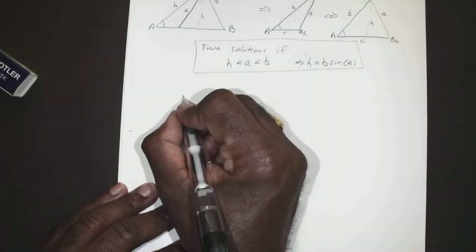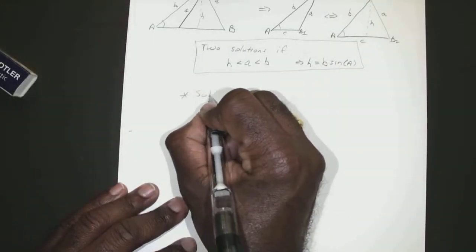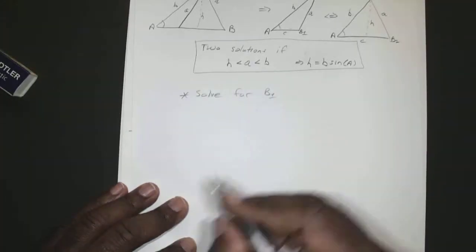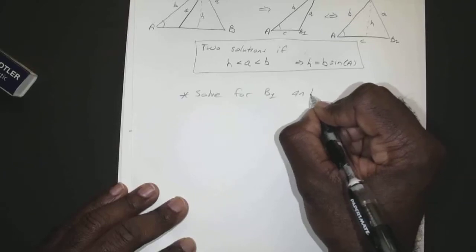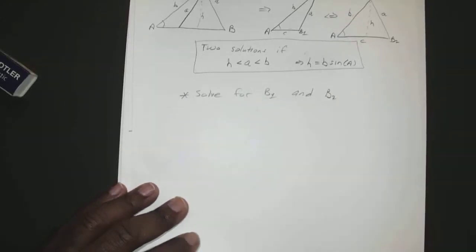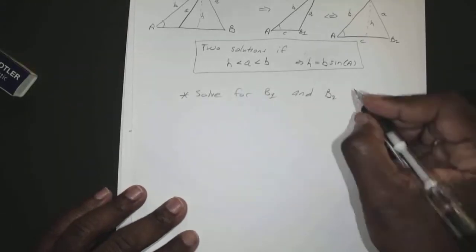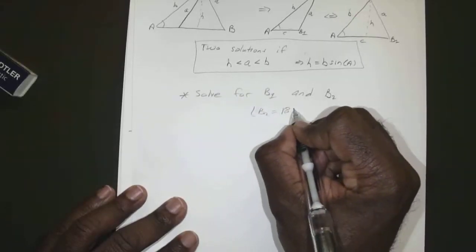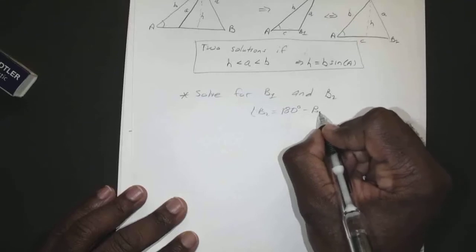Okay, so in this case, we're going to solve for B1 and B2. And B2 is just 180 degrees minus B1.